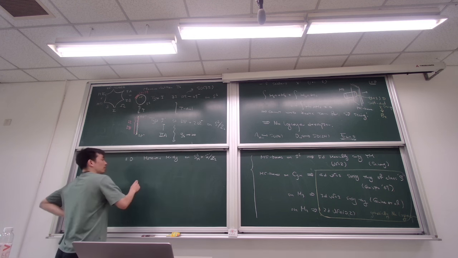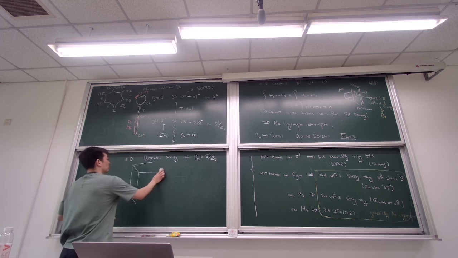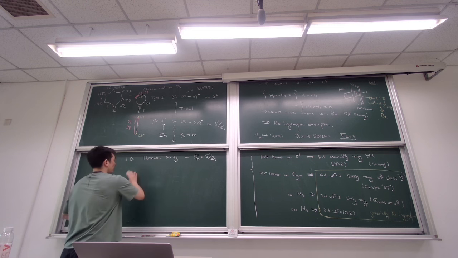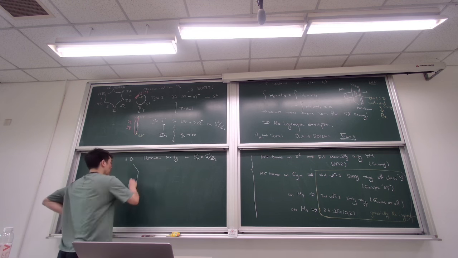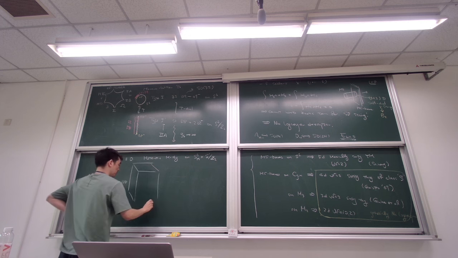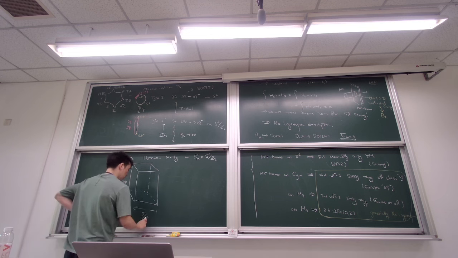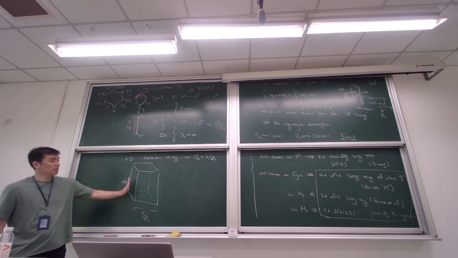What's happening is that this is an 11-dimensional picture. I cannot draw it well, but this segment is the S1 mod Z2, and this is the 10-dimensional part.